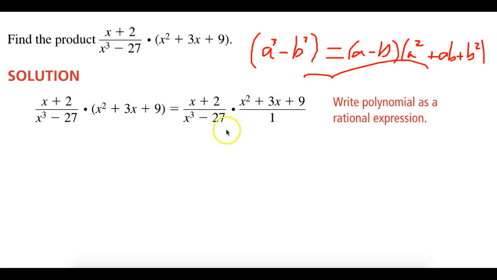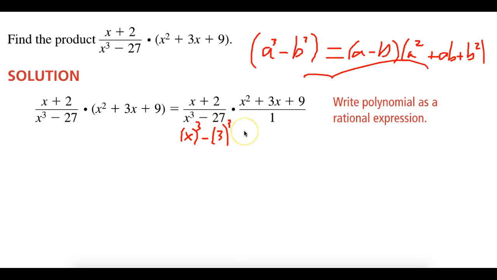Our a term is x, so this is x cubed, and our b term is just 3, because 27 is 3 to the third power.